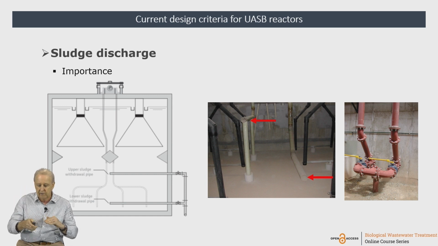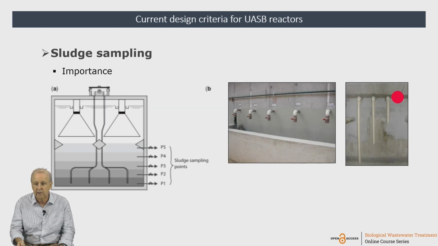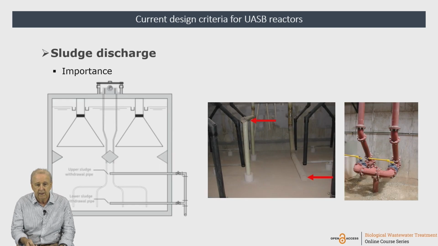The maximum is dictated by the concentration of sludge here in the upper part. To control the sludge between those two limits, we should discharge the sludge in a proper manner.